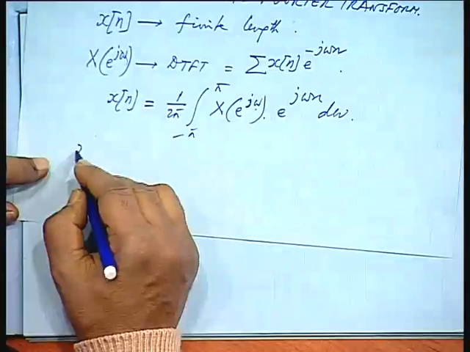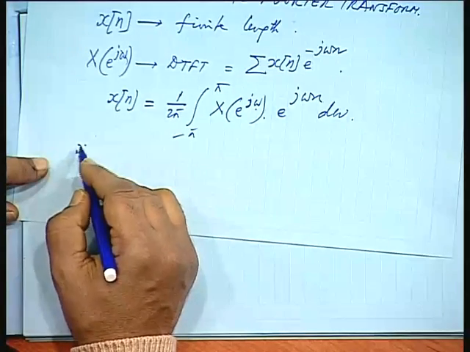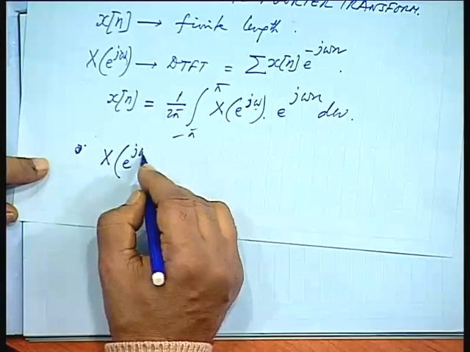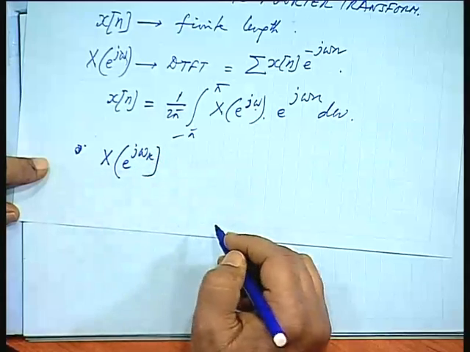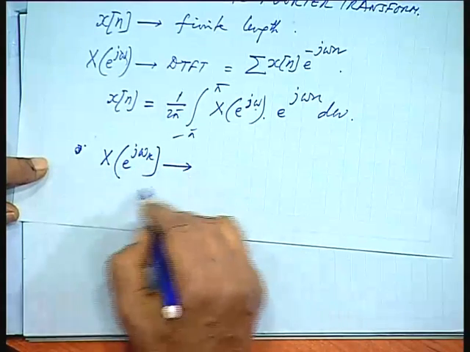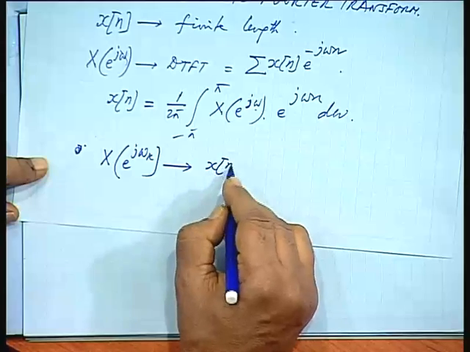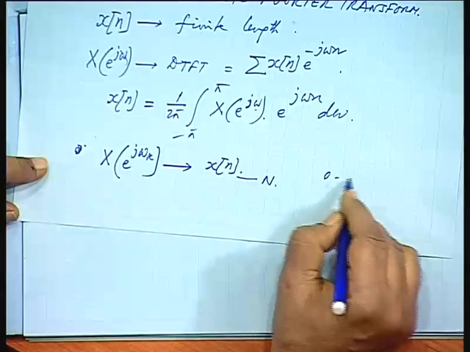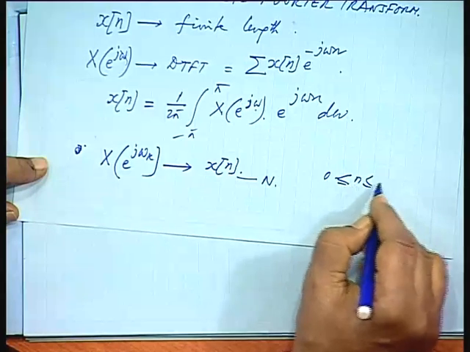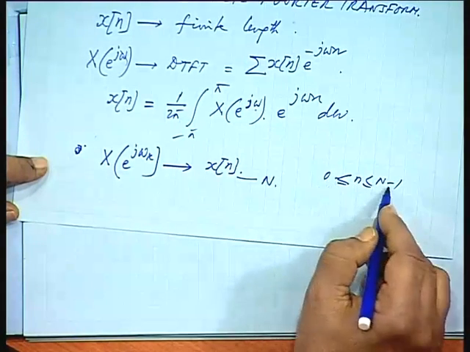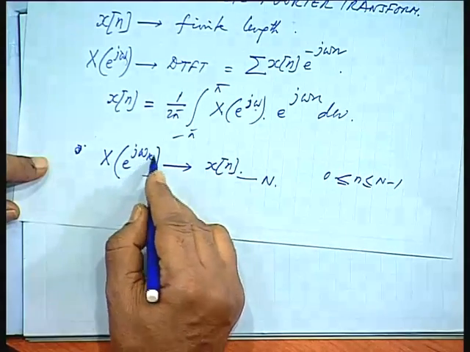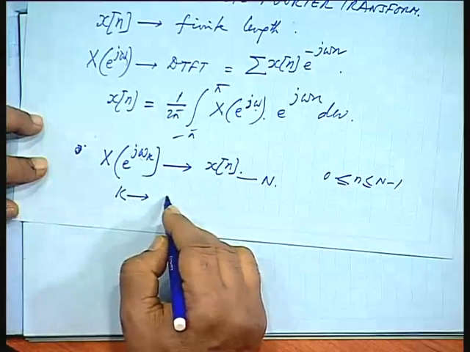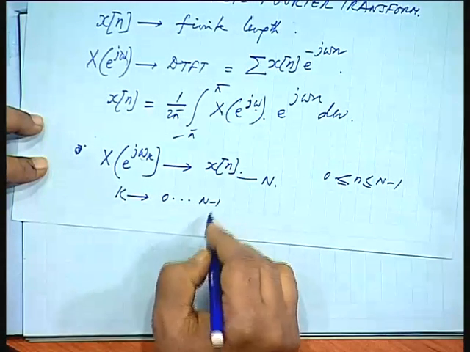If xn is finite, then xn can be recovered from only specific values of omega k, okay. We can realize xn. If xn has a length of n, say 0 to n minus 1, x0, x1 up to xn minus 1, then we can take those many values, that is n number of values, k varying from 0 to n minus 1.